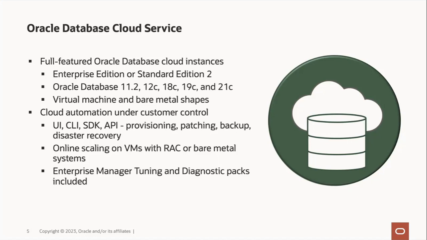So it can be worked with the virtual machines, with rack or bare metal systems, and for the two services and autonomous as well. If you're familiar with it, we also include at no cost the Enterprise Manager tuning and diagnostic packs. So that gives you a lot of capability that is now fully integrated with our observability and manageability.